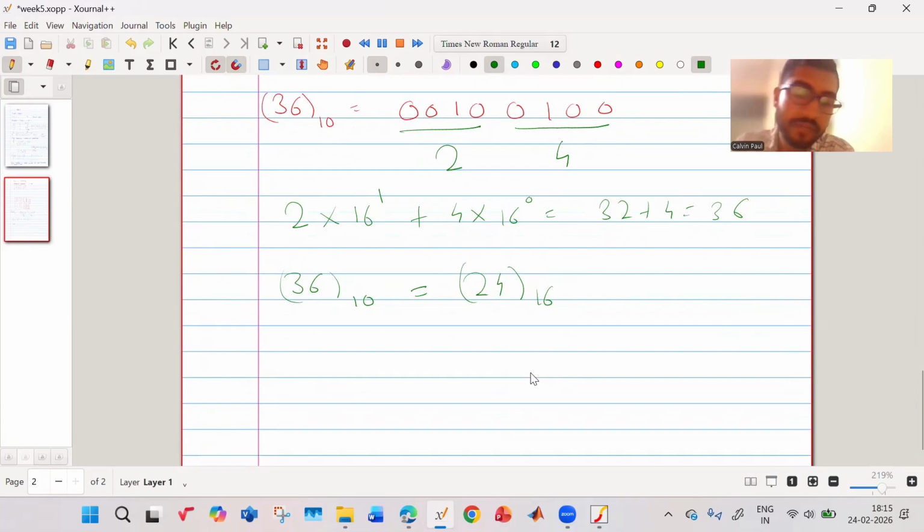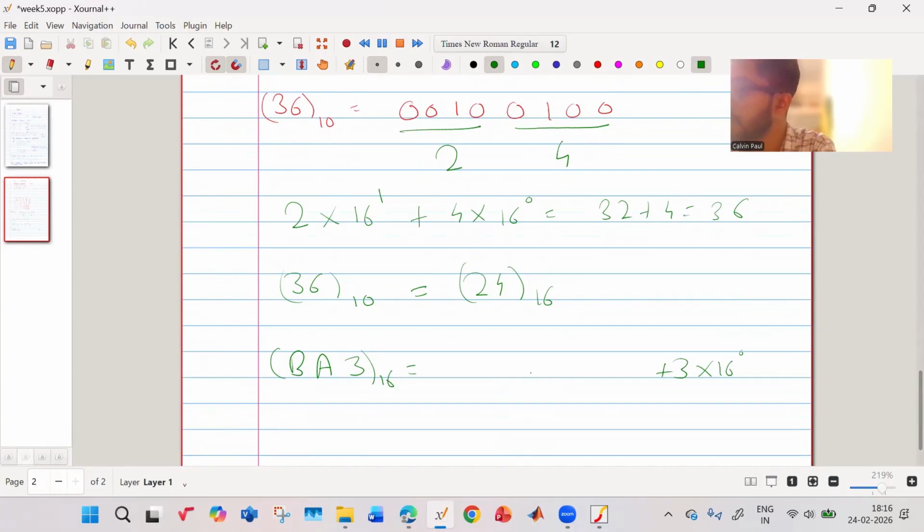Now, let us think of something else. What does this number mean? Let us say BA3 in hexadecimal. What is the magnitude of this? First let us start with 3. 3 into 16 raised to 0, plus A, A means 10, so 10 into 16 raised to 1, then B means 11, so 11 into 16 raised to 2. What is 16 raised to 2?